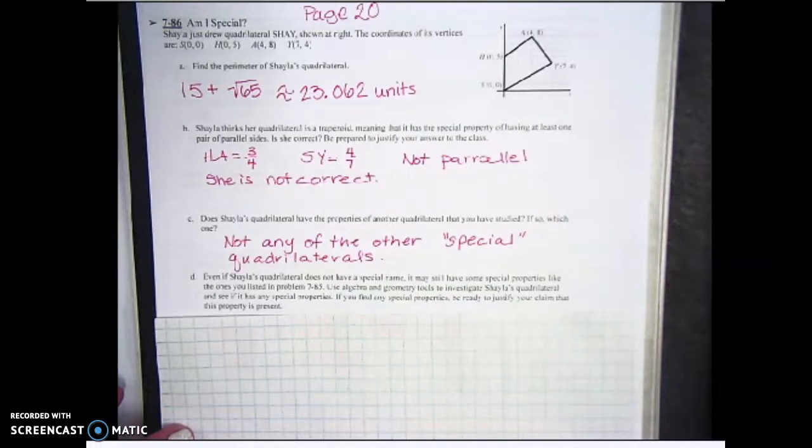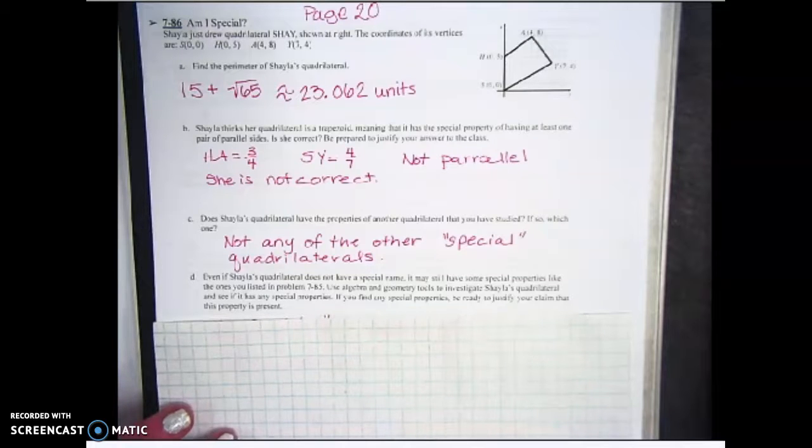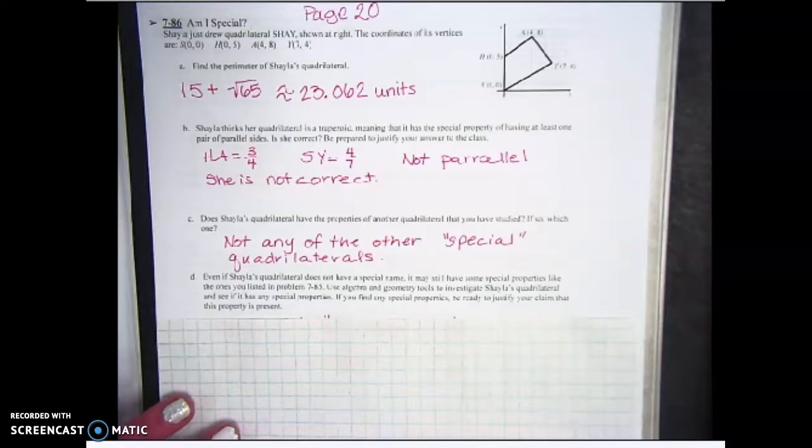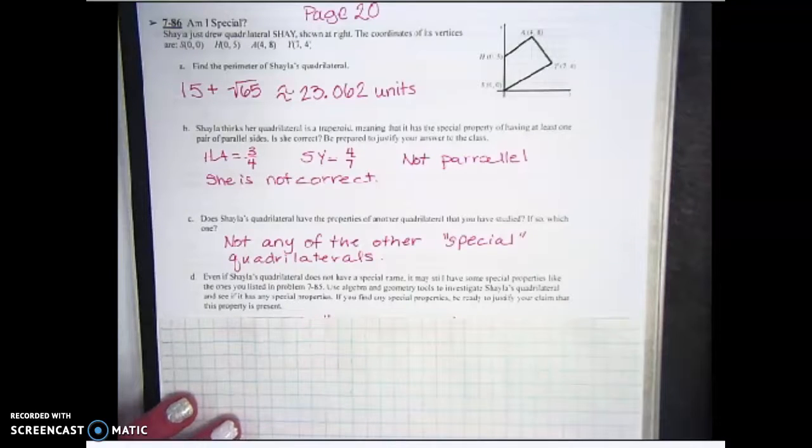Even if Shayla's quadrilateral does not have a special name, it may still have some special properties, like the ones you listed in problem 785. Use algebra and geometry tools to investigate Shayla's quadrilateral and see if it has any special properties. If you find any special properties, be ready to justify your claim that this property is present.